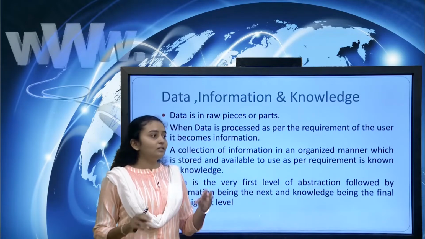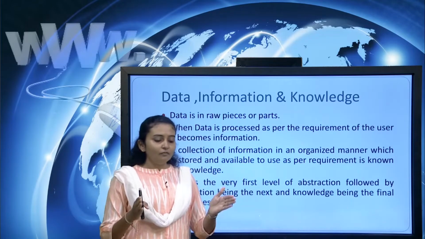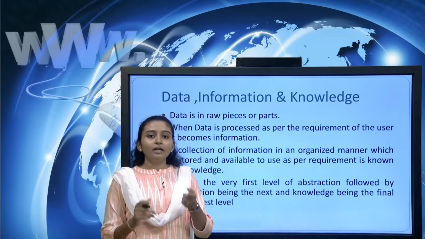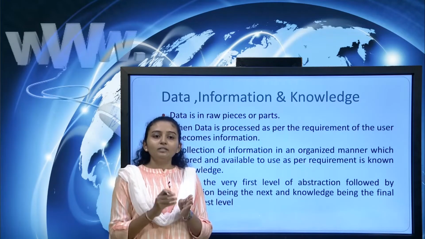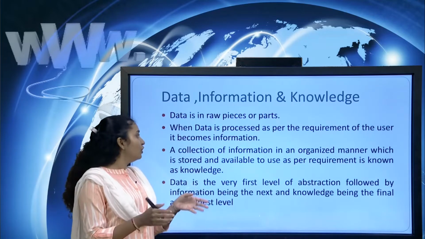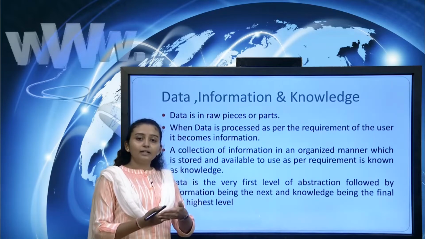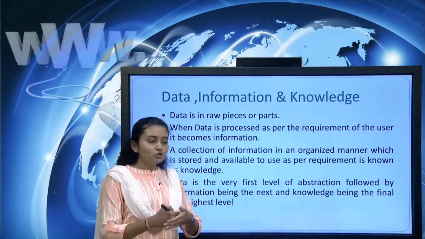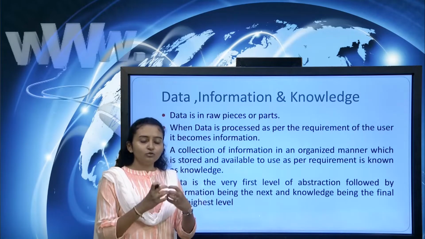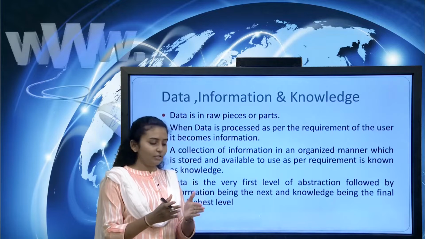So we can say this data is in a raw piece. When we collect all the data to show you a result, it is called information. From the result portfolio, you can fetch your data, and that is called information. So when data is collected to create a report, it is called information.